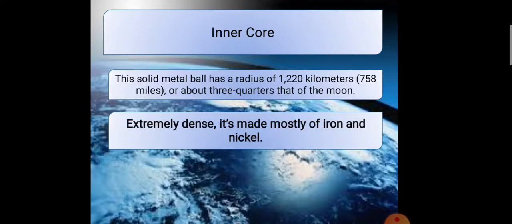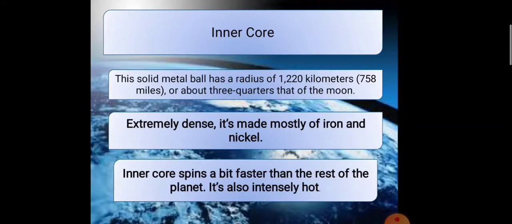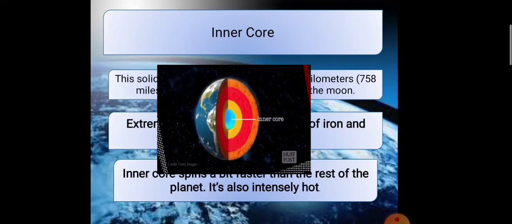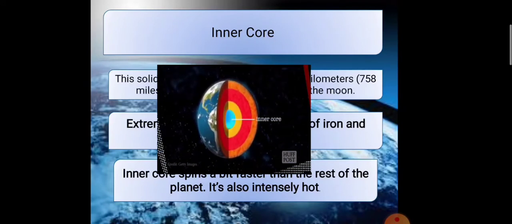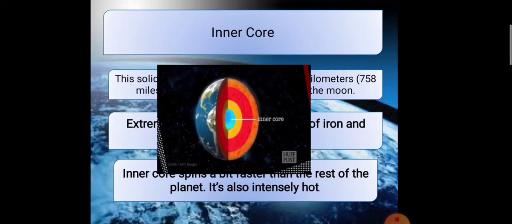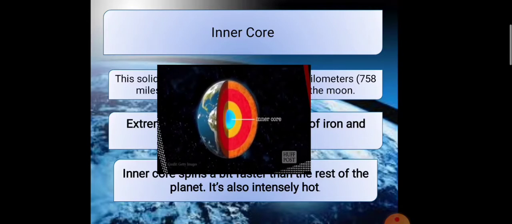And it is extremely dense. It's made mostly of iron and nickel. So the inner core spins a bit faster than the rest of the planet. It is also intensely hot, as you can see in this GIF.